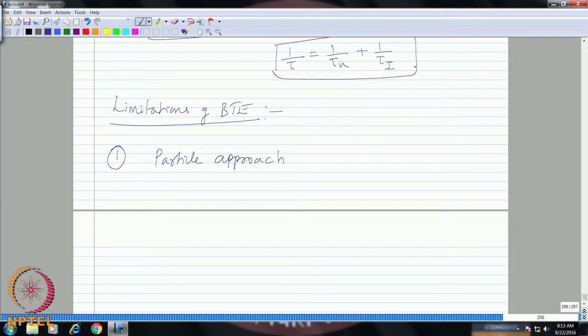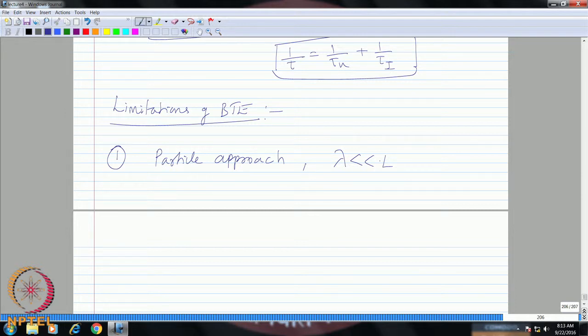That is, if you are looking at another characteristic scale, which is your wavelength, and you compare your wavelength with respect to the characteristic dimension, which is probably the length or thickness of your material, the wavelength should be much smaller than L in order for the particle approach to be valid.